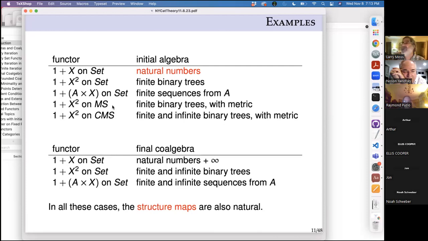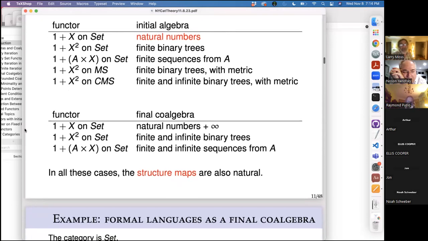If you had to put a distance function on the finite binary trees, I think there's only one or two natural ones, and it's not going to be the discrete one. It's going to be an important one. If you move from the category of metric spaces to the category of complete metric spaces, then in fact you recover both the finite binary trees and the infinite binary trees. So by changing the functor and changing the category, you get a lot of interesting stuff.